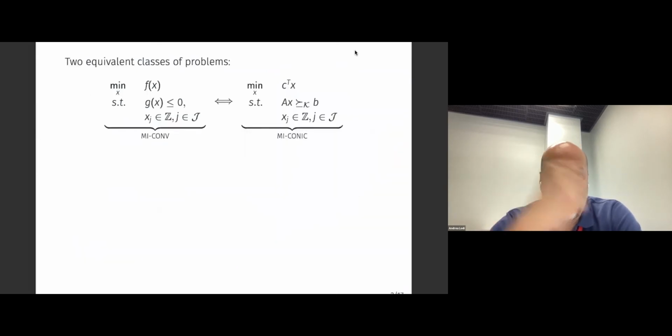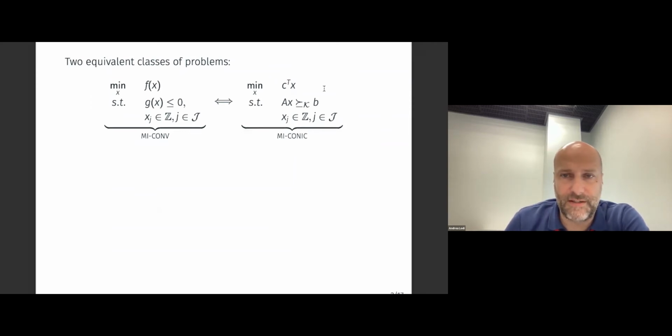In particular, what I will talk about today is generating cutting planes for these mixed-integer conic problems. I will first try to convince you that mixed-integer conic optimization, on the right in the slides, is a very large class, in the sense that it is completely equivalent to the class of mixed-integer convex optimization.